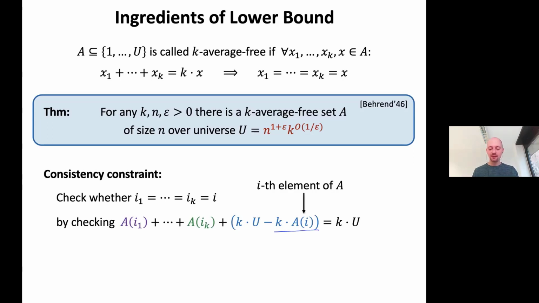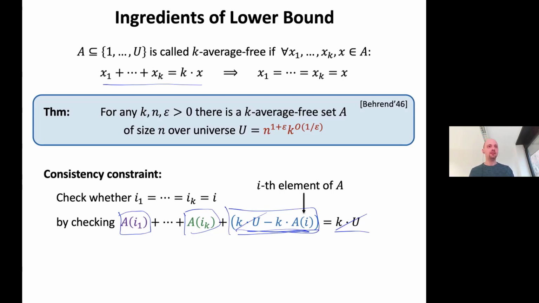then the sum of all these entities here is equal to some target if and only if all these numbers were the same. This k times u minus is just to make everything a positive number, so the k times u actually cancels. And what is written here is exactly the condition of an average free set.